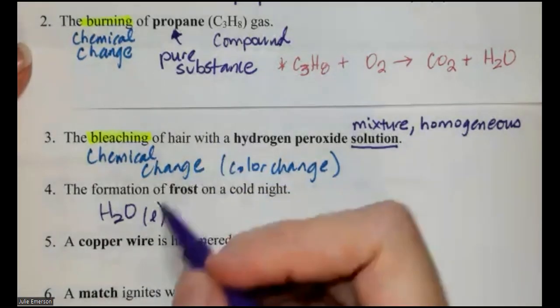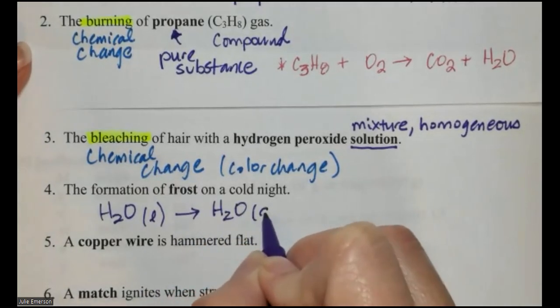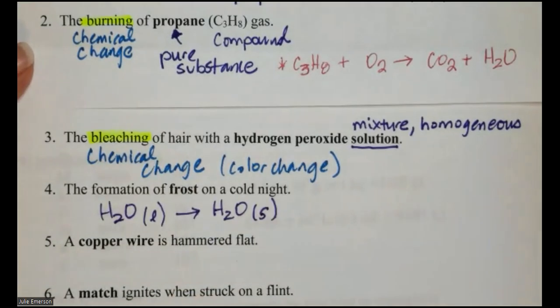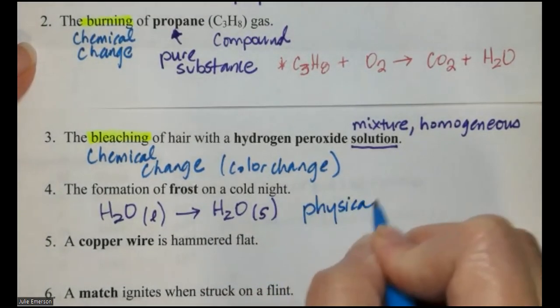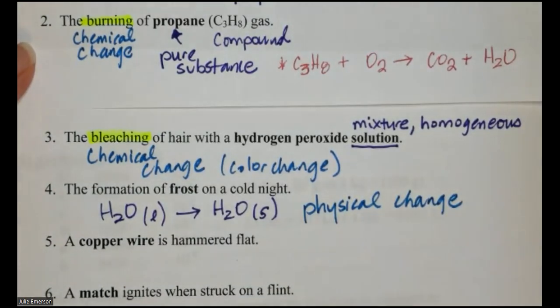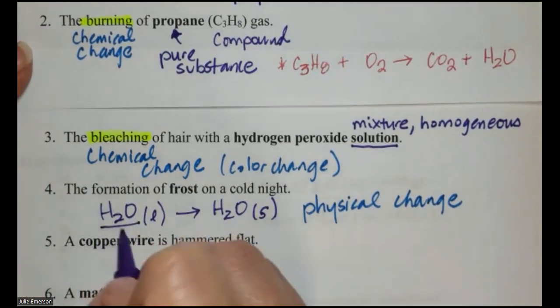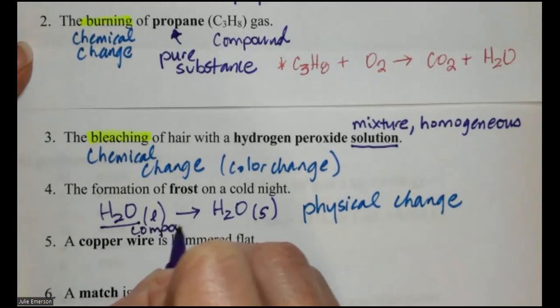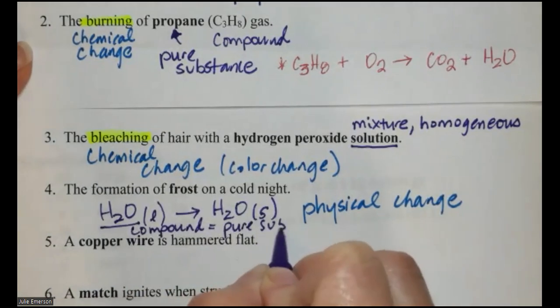And when that liquid from the air turns into frost, right, it's just turning into a solid, into little ice frost crystals. So when we see that, we know that that's just a physical change. And the frost itself is just water. So that is just a compound, which would be a pure substance. All right, so that was an example that we've used before. That is a compound. And again, that means that we have a pure substance here.